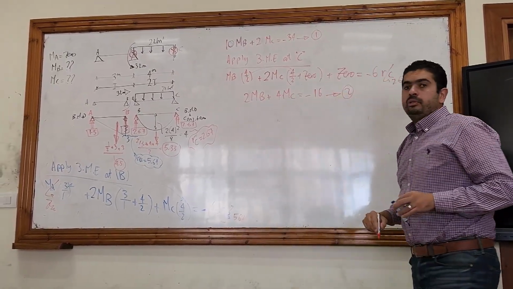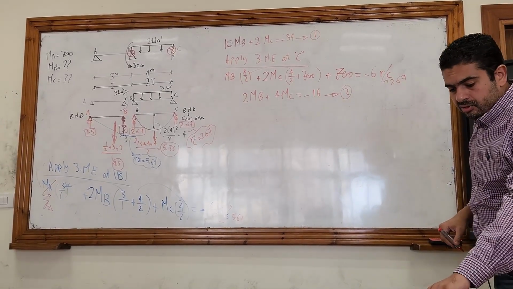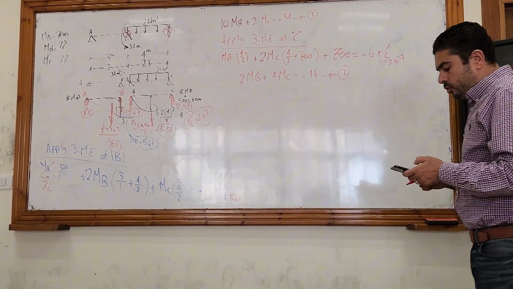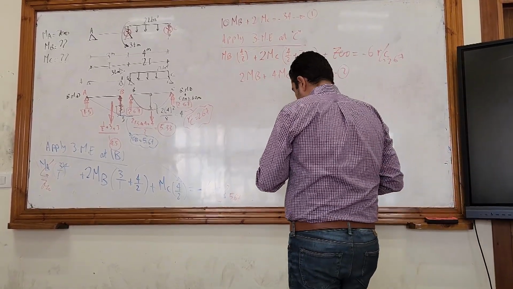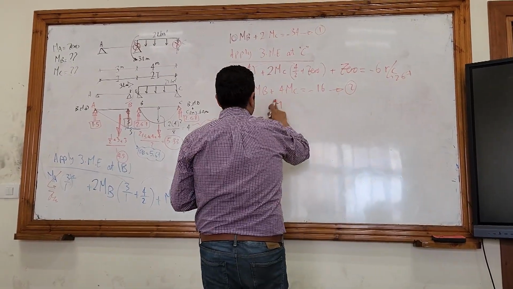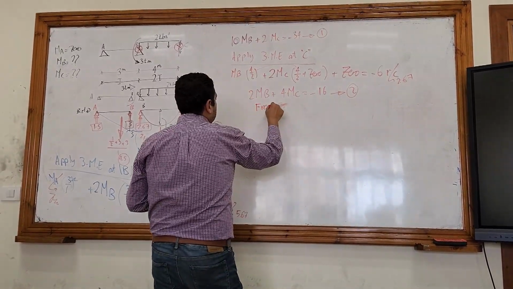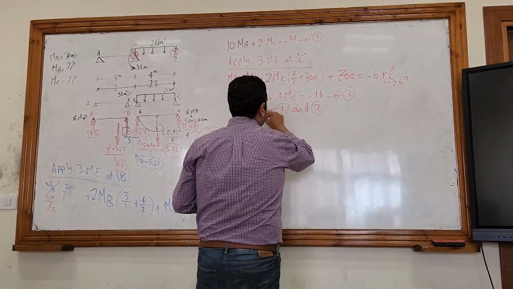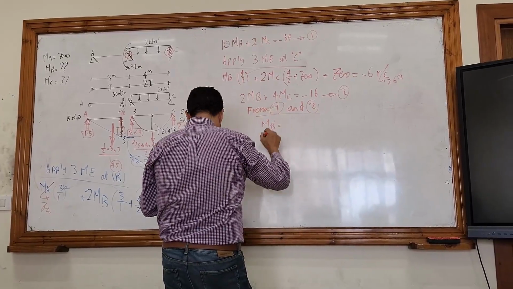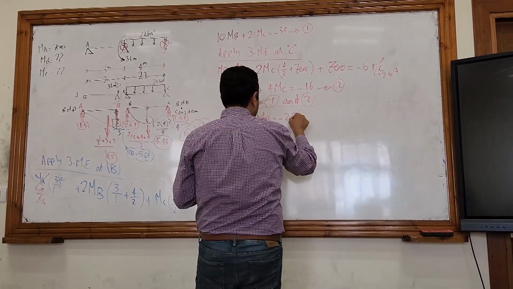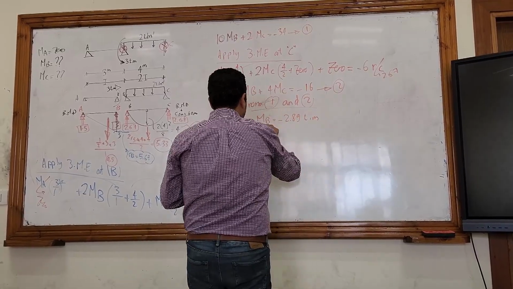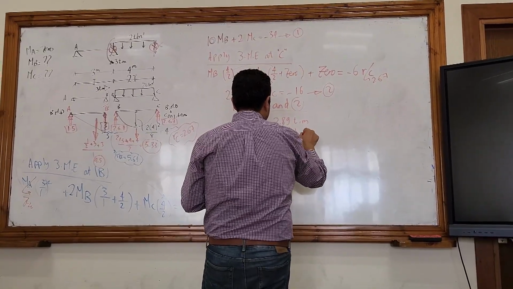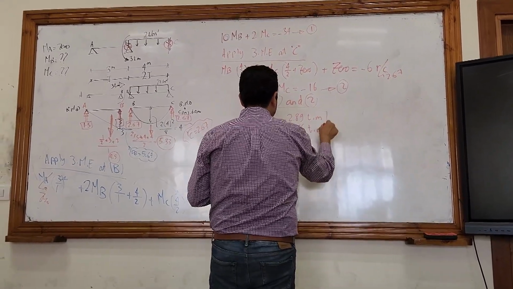This is equation number 2. Can I solve these two equations? Yeah. The answer, from 1 and 2, MB will be equal to negative 2.89 ton meter, and MC will be equal to negative 2.56 ton meter.